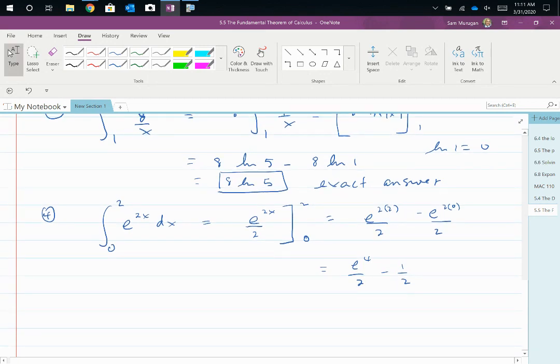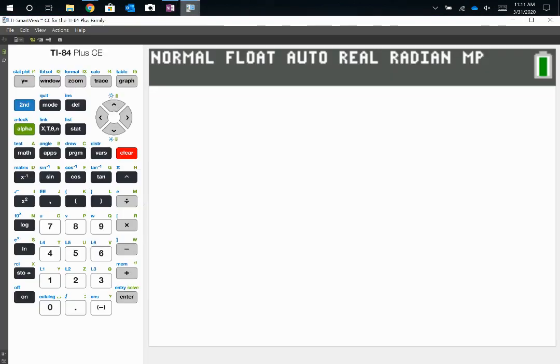The question is calling for the decimal answer to the nearest thousandths. So this is e to the power 4 minus 1 over 2. You put it into the calculator.